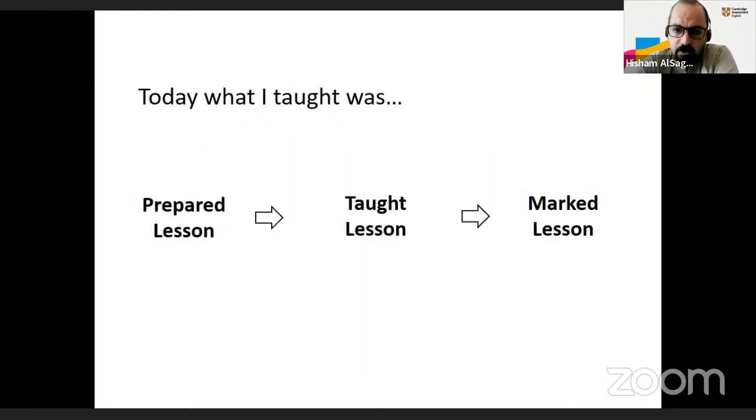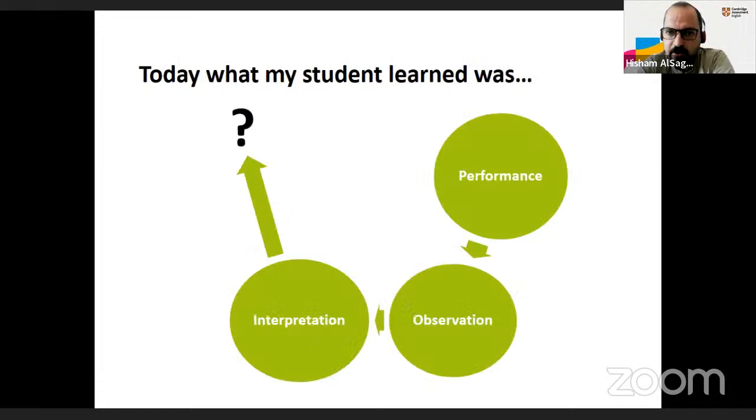So the first one, today what I taught was, is very neat, very professional, very straightforward. I prepare a lesson, I teach a lesson, I mark a lesson. But if you're thinking from a different perspective, today what my student learned was, I have to think of the performance, I have to think of the observations that I took.